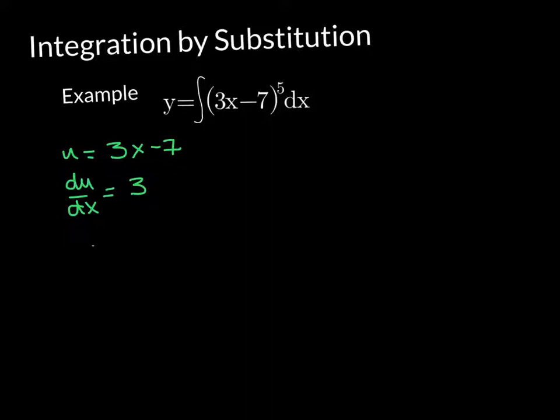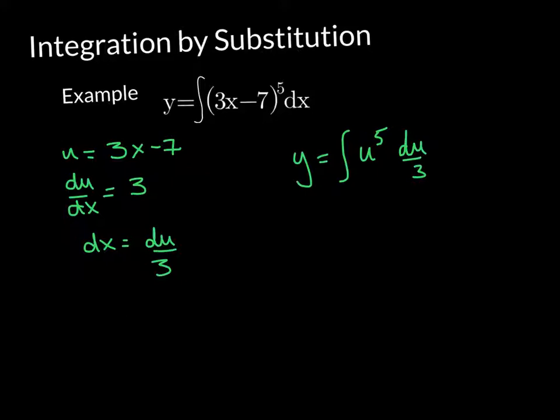And then we can write that dx must be equal to du divided by 3. We can now write y in terms of u rather than x. So y is equal to the integral of u to the power of 5, and in place of dx we have du over 3.